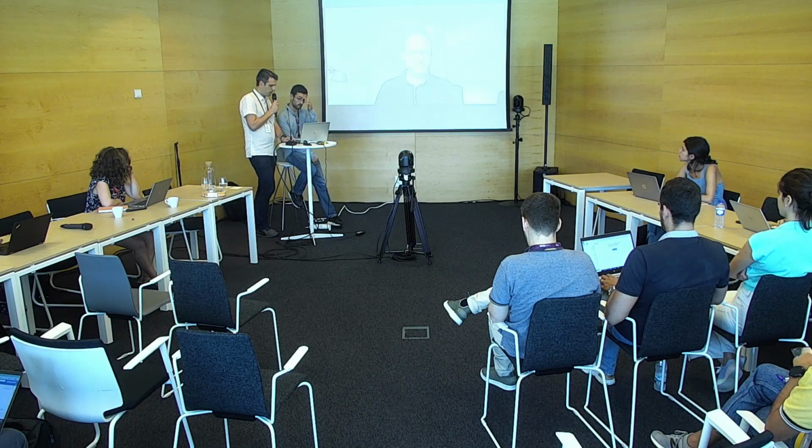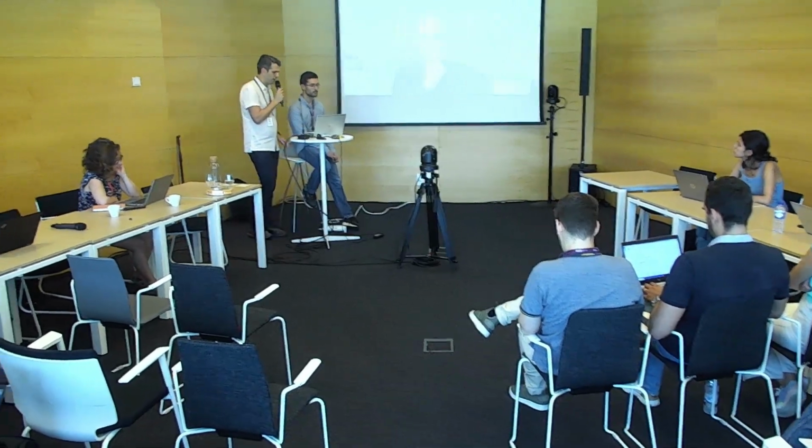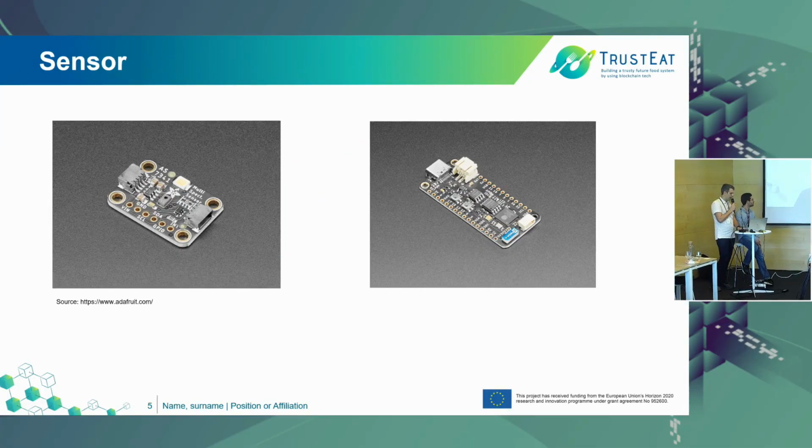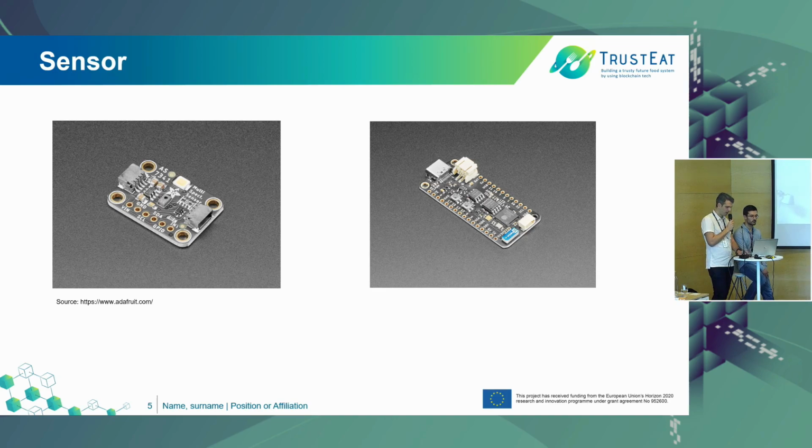So what we did is very simple. I will briefly recap the morning. Based on our previous interactions, we tried to build a pipeline from the physical layer to the blockchain, although it's not a blockchain, but we have some kind of taste of blockchain by the end, and do it in a very simple way. We used a spectral sensor, a sensor that measures different color bands, and a microcontroller to transmit data through Wi-Fi.